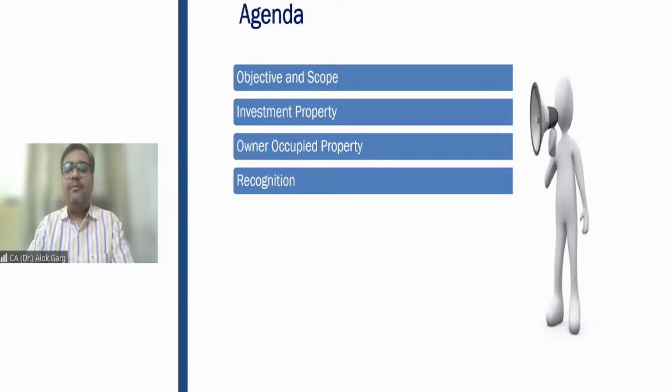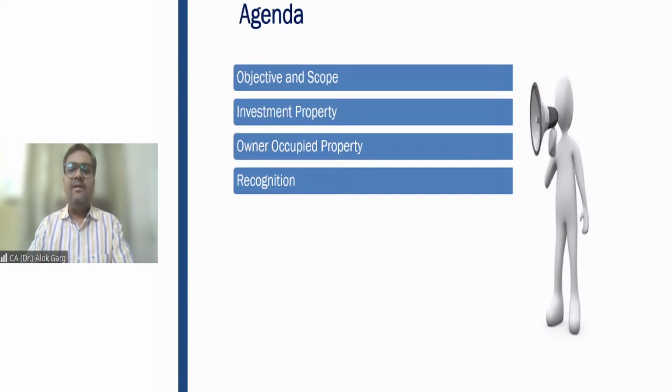If you are investing in a property, if you are buying a property, then when does it have to be recognized as a part of the investment property? So we'll discuss the recognition condition. You remember, while discussing the PPE standard, I took an example of a machinery which the company imported from China, and the government banned the output from that machinery.